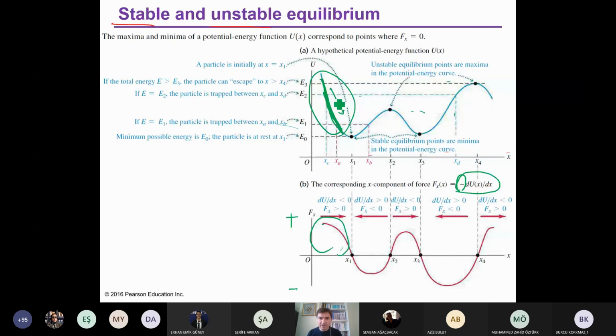And at this point, what happens? The energy is fixed here. It does not change. Its derivative is 0, okay? Then the force is 0 here. And look at this point. This is the maximum, and there is no change in the energy for a very infinitesimal displacement.